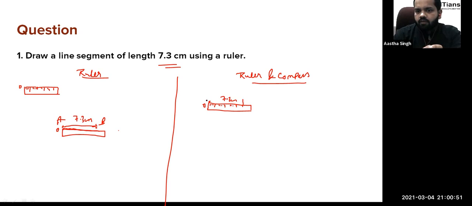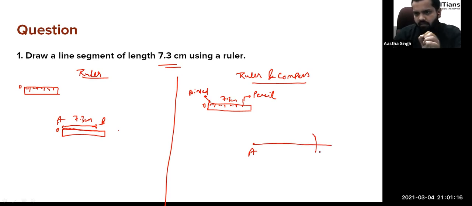Here I am writing pointed one, and for 7.3 I am writing pencil. So just put the pointed one at your point A and mark 7.3, just draw an arc. So you will see that from this distance to this distance there will be a line segment of that length.